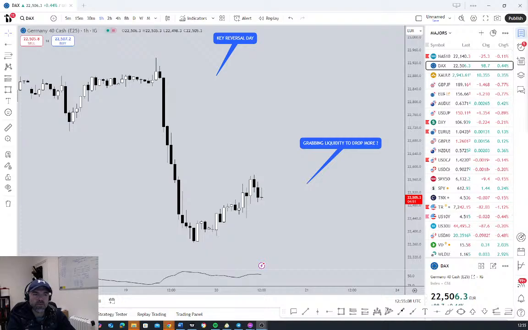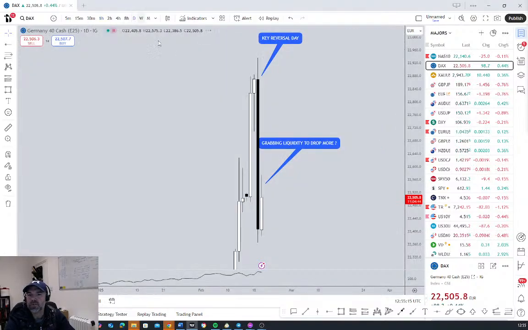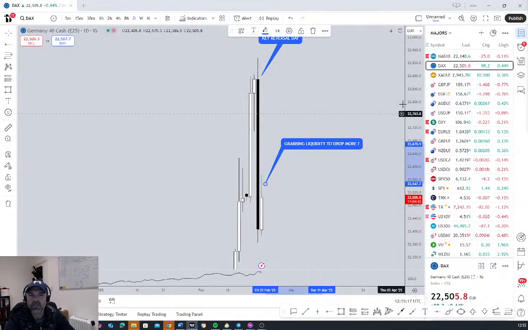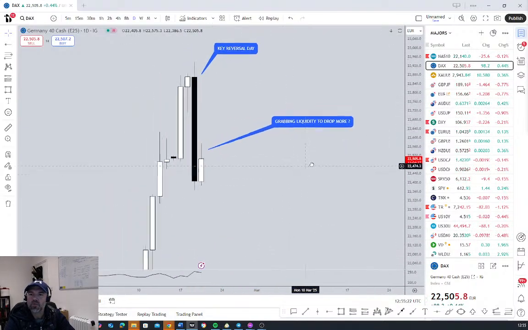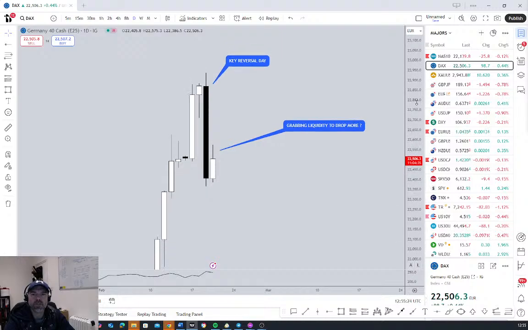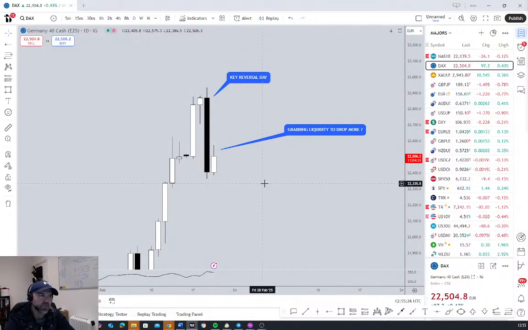So for those of you that understand the principles that we use on a day trading basis, I just want to remind you, you should always start with a higher time frame. So what happened yesterday was a significant day. There's certain candles that we look at. You can look at all the different Japanese candlestick formations and try and remember the encyclopedia of them all, but really there's only four types of candle you need to know.